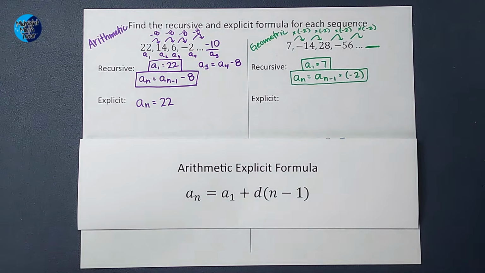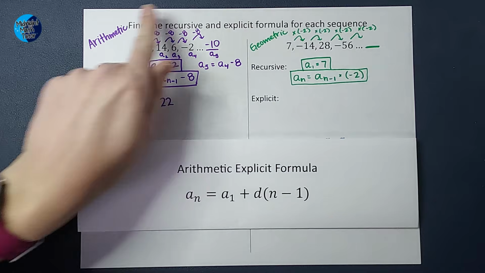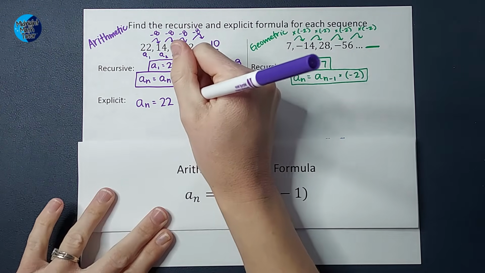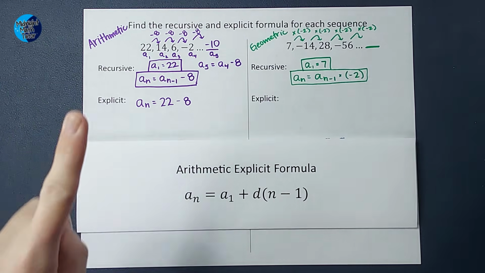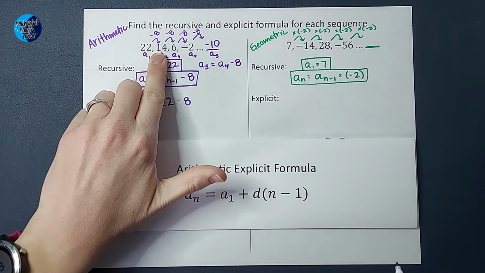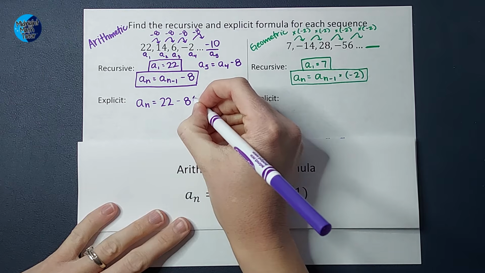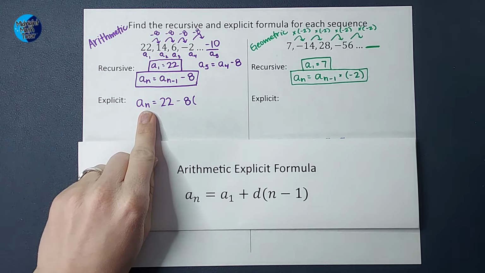And what are we doing? We are subtracting 8. This d stands for common difference. That's what we're doing each time, right? We are subtracting 8 each time. So I would subtract 8, but not just once, right? If I subtract it once, I get the next number, but where from there? How many times do I subtract 8? Well, you subtract 8 one less time than the number you want to find.